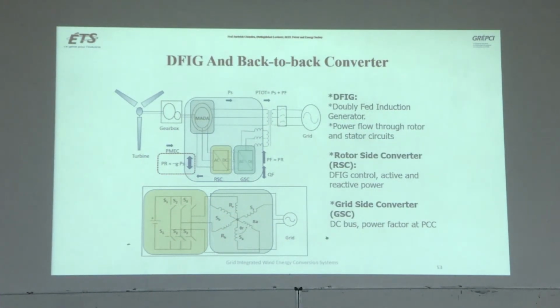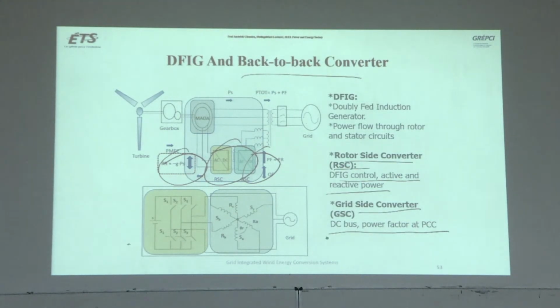So this is the back-to-back converter here. You see bidirectional power flow can be here, bidirectional active and reactive power flow. The rotor side converter does DFIG control of active and reactive power; the grid side converter controls the DC bus and power factor.